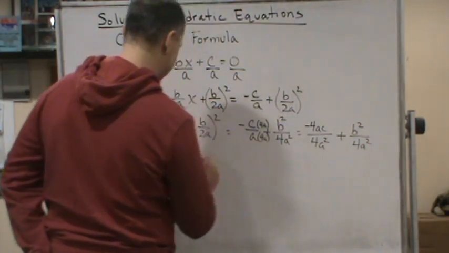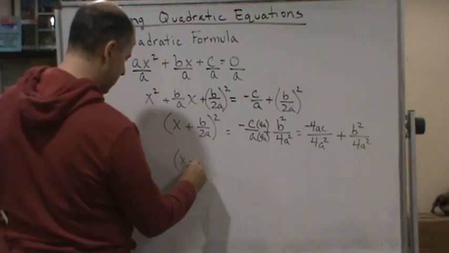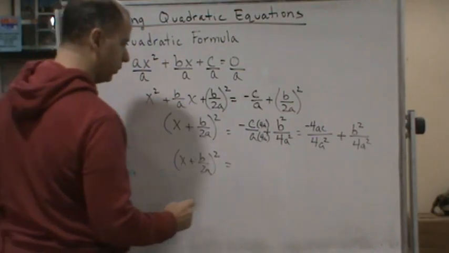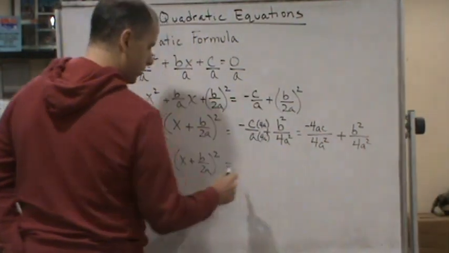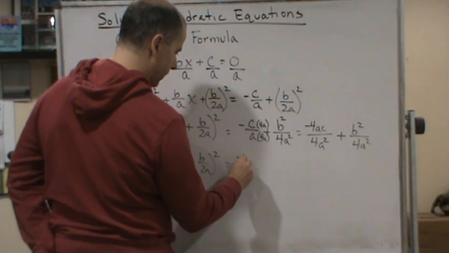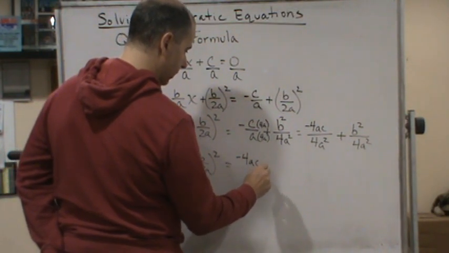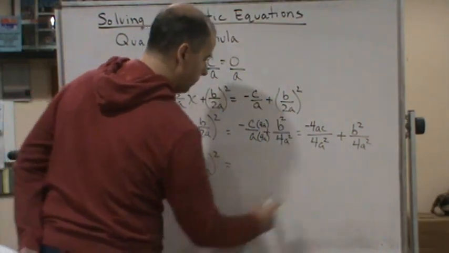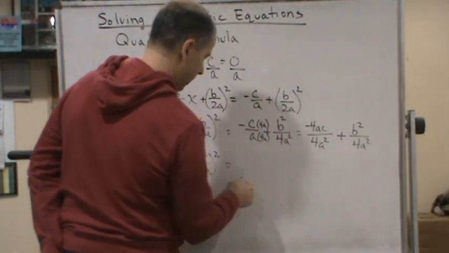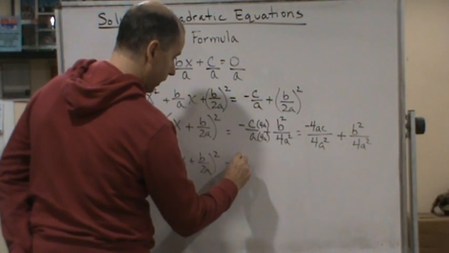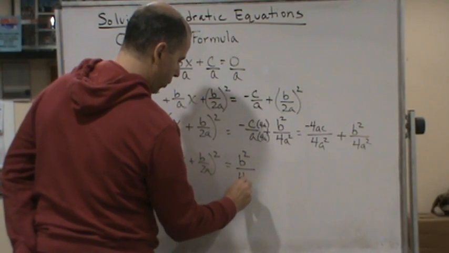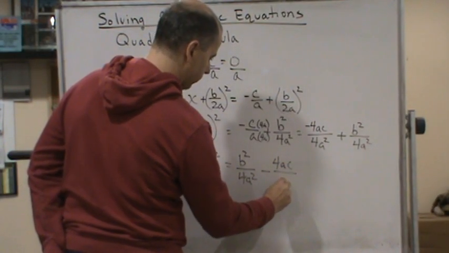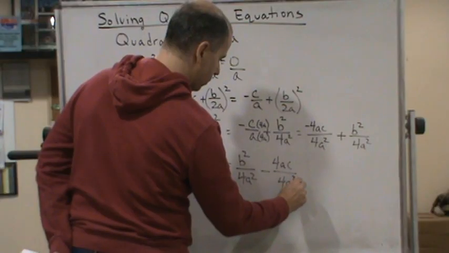Okay? Now this is going to give me x plus b over 2a squared is equal to, now I'm going to combine these two fractions, and that's going to give me minus 4ac. In fact, I'm going to switch these around. I'm going to flip these two terms. So I'm going to write b squared over 4a squared minus 4ac over 4a squared, right?